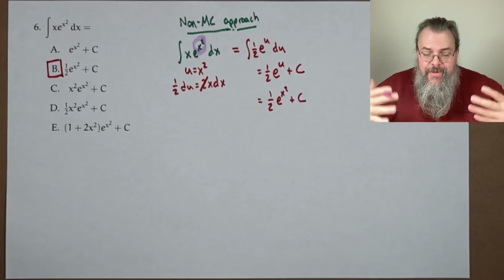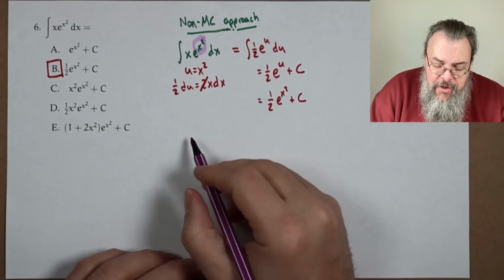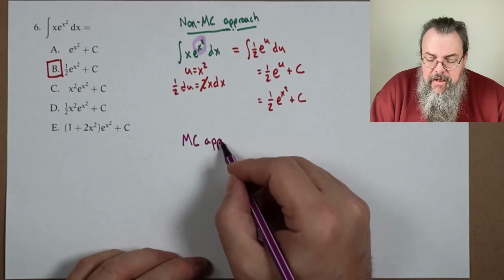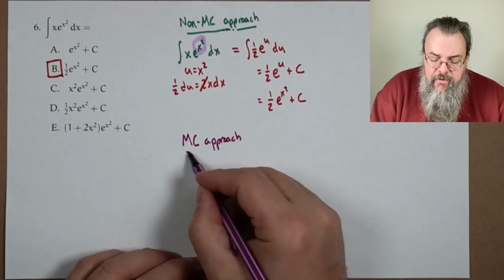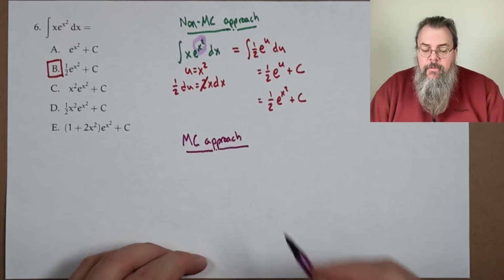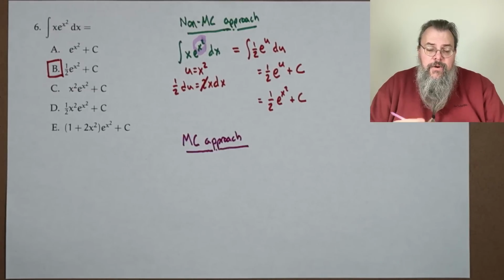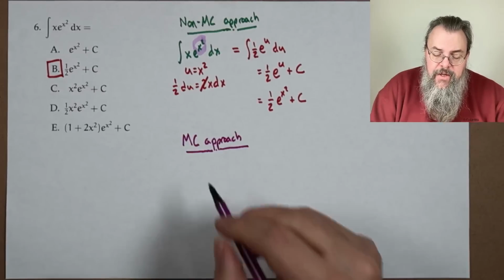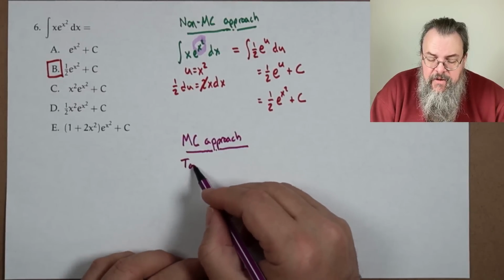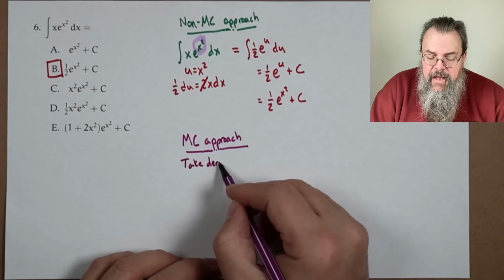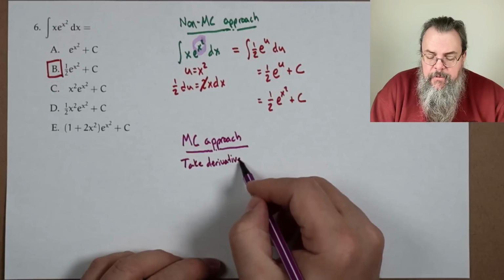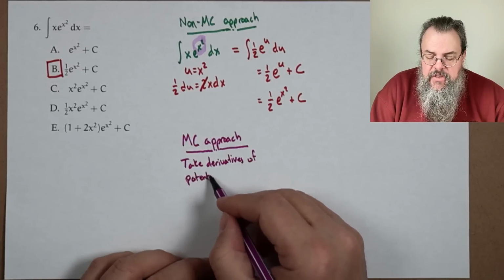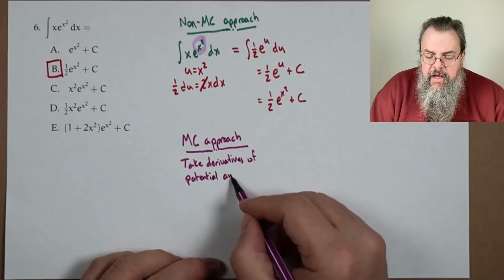What's the multiple choice approach? Well, here, I'm going to just say it out loud, and I'll also write it down here. What we want to do is say, look, we know one of these is the antiderivative. So what we can do is take the derivative of the potential answers, A through E, and whichever one matches, that has to be the right one.